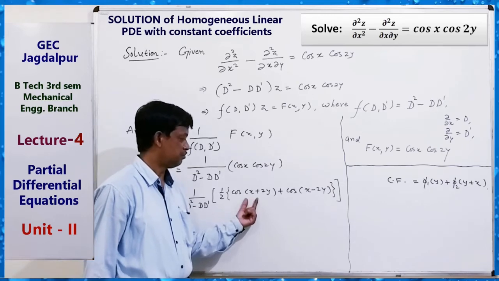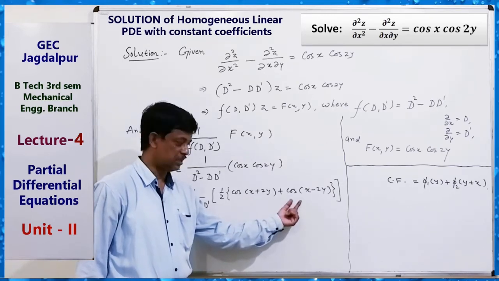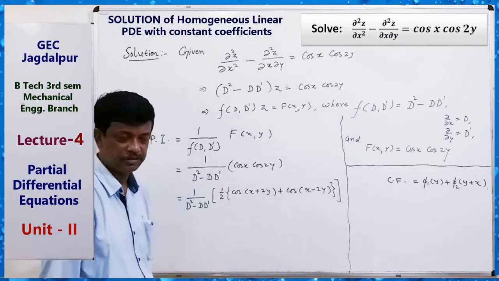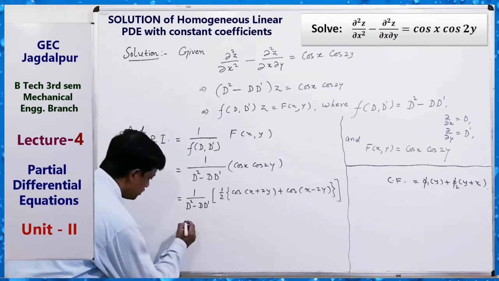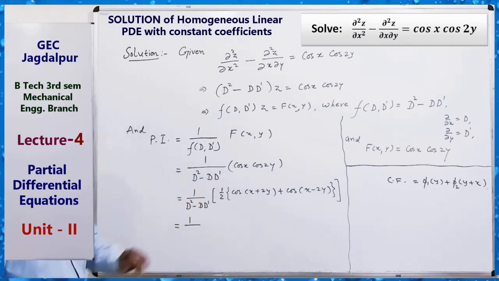Cos a cos b minus sin a sin b, and here cos a cos b plus sin a sin b. So the sin terms cancel, the cos terms add twice, and we can get the result. Okay. So this equals, now distribute this into two parts.